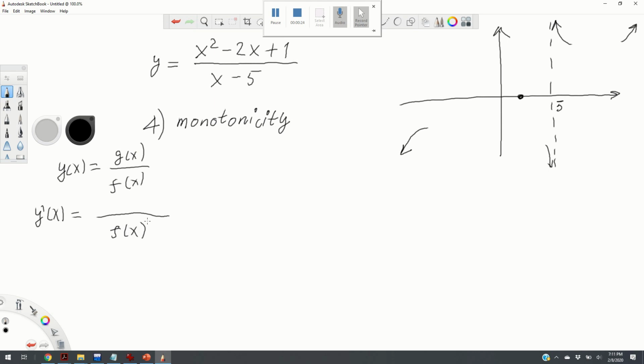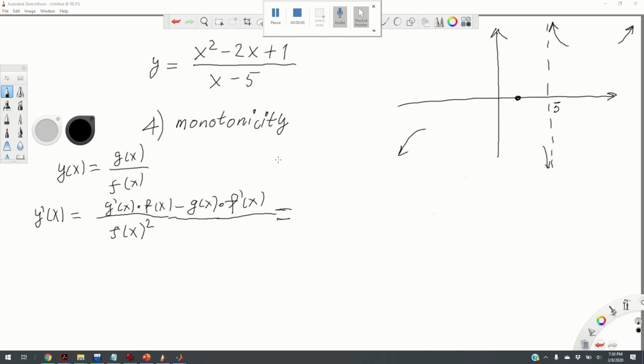So we square the denominator, and in the numerator we take the first derivative of g of x multiplied by f of x, then we subtract g of x multiplied by the first derivative of f of x.